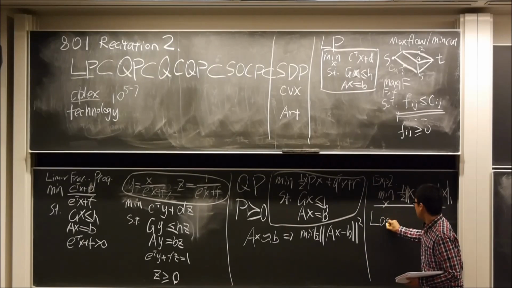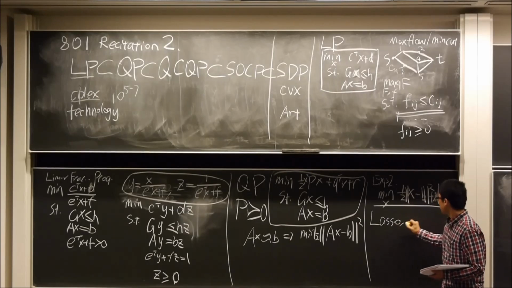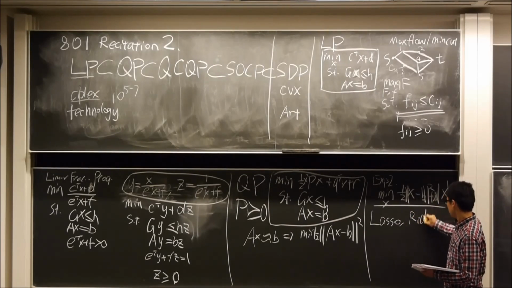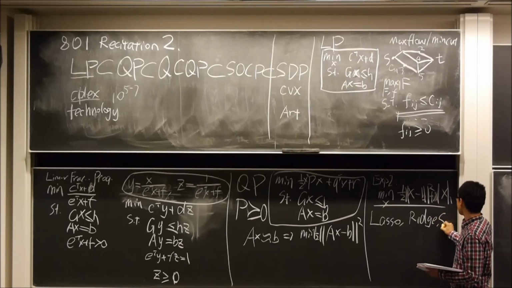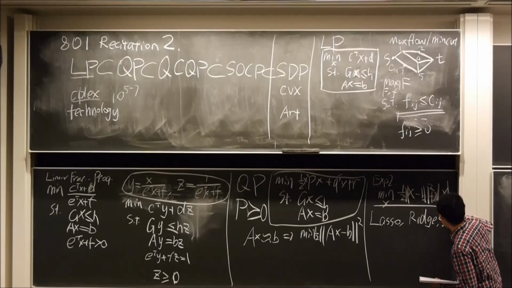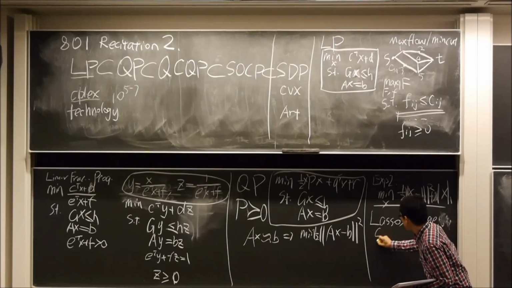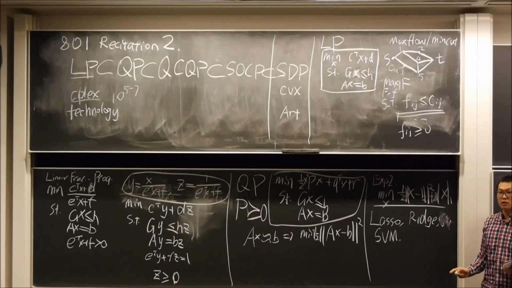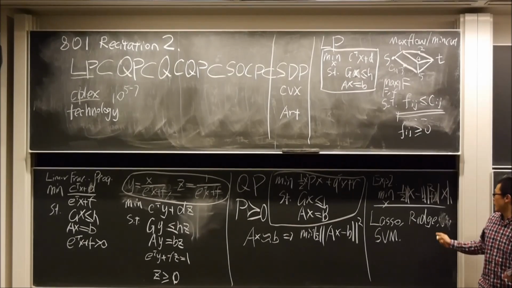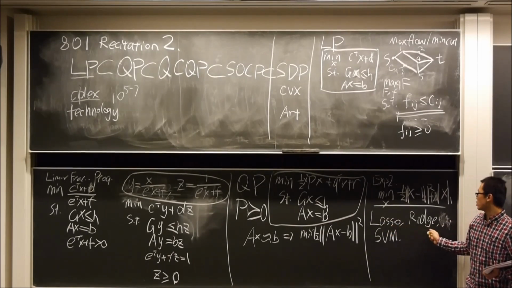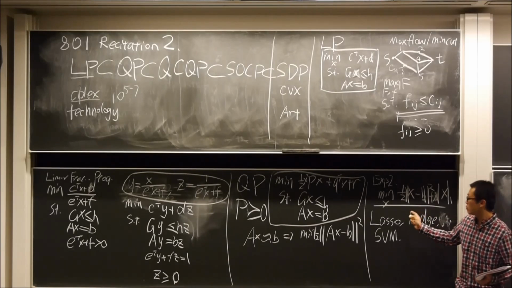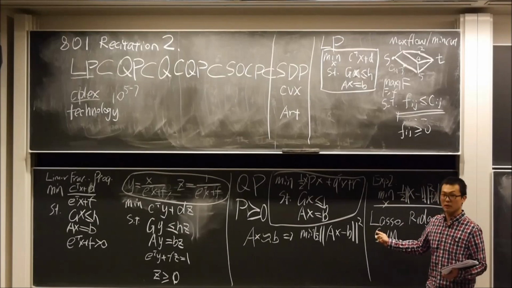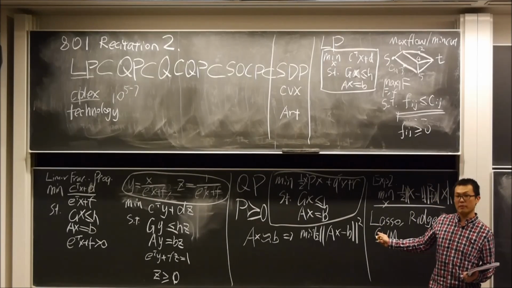And maybe you should know this, but lasso and ridge regression and SVM, they are all QP. Mainly for the first two, it's because it assumes this form, but only with another regularization term at the back.